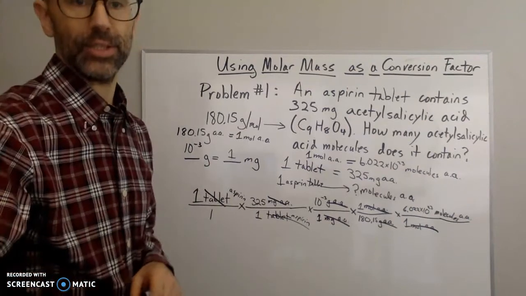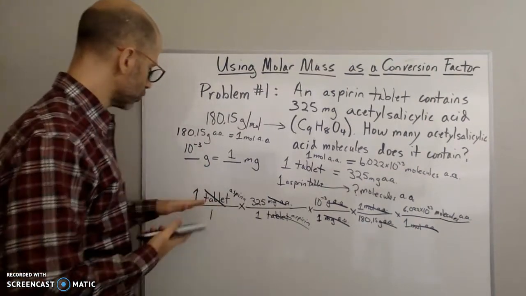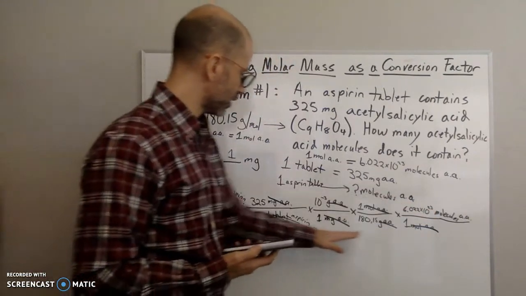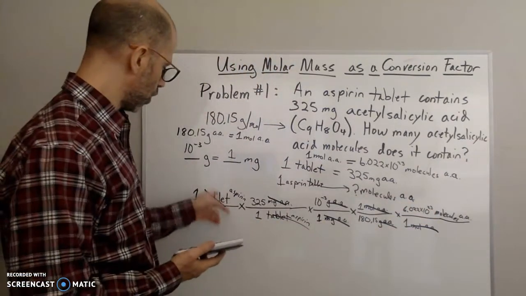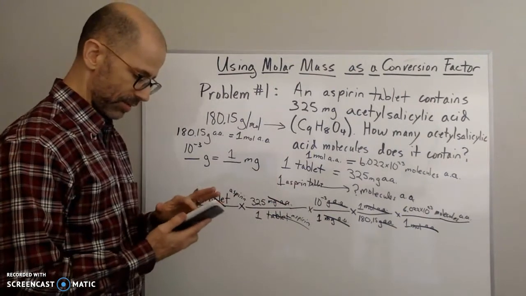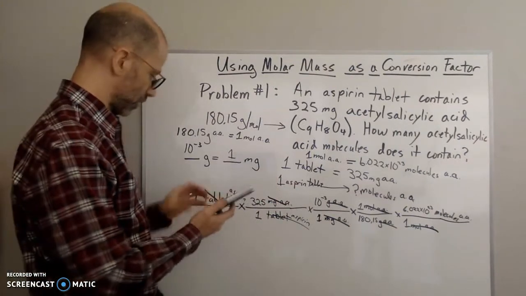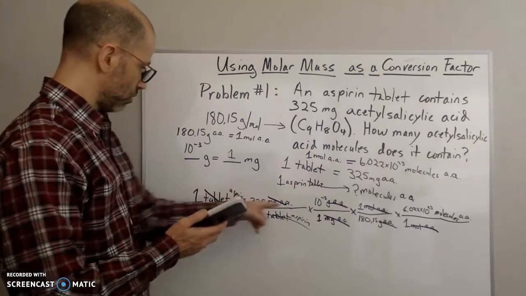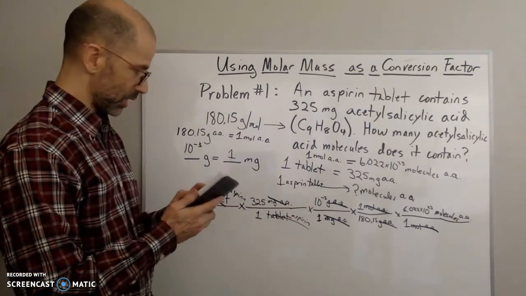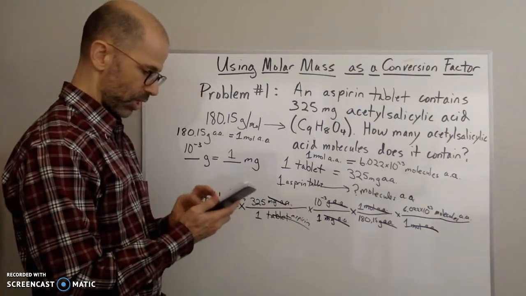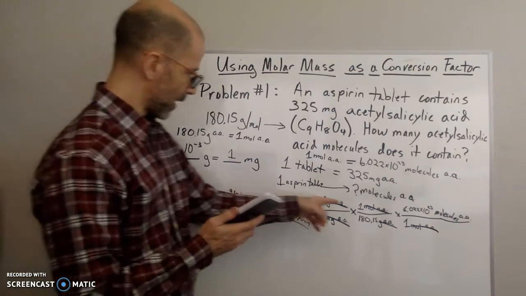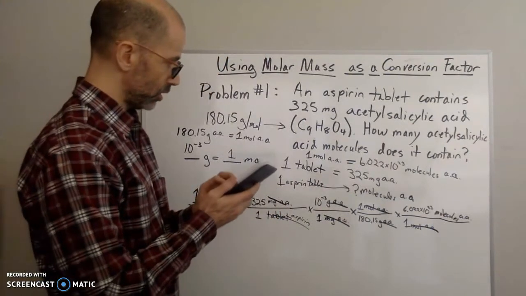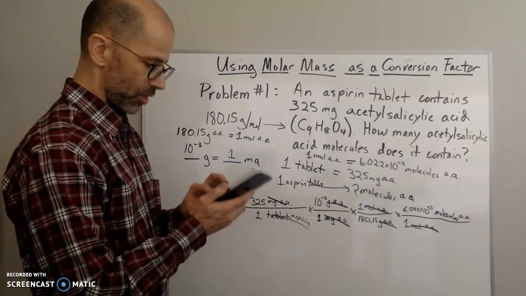So now all I need to do is just multiply everything across the top, divide by the bottom. The ones you don't need to multiply by. So I have 325 multiplied by 1 times 10 to the negative 3 multiplied by 6.022 times 10 to the 23rd.